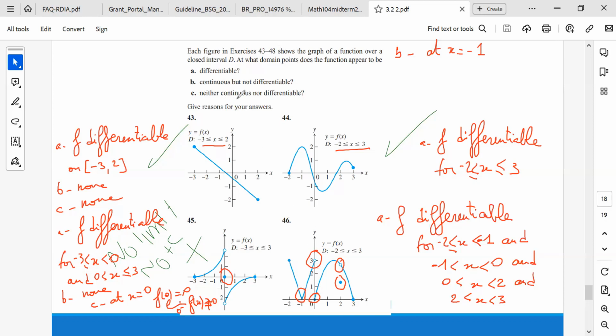Where is it neither continuous nor differentiable? At x equals 0 and at x equals 2. So this is how we read continuity and differentiability from the graph. I repeat, differentiable معناها has a derivative, هذه هي.